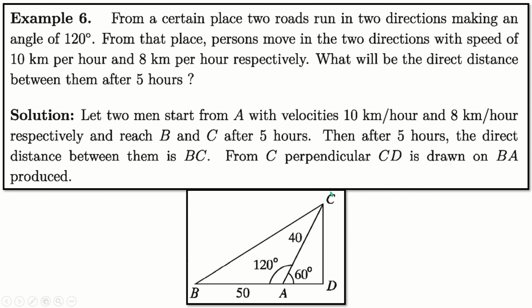From C, we draw a perpendicular CD which intersects BA produced at D. As this angle is 120 degree, this will be 60 degree, because this and this make 180 degree, that means one straight angle. Now ADC and also BDC are both right angle triangles. Okay, now follow.